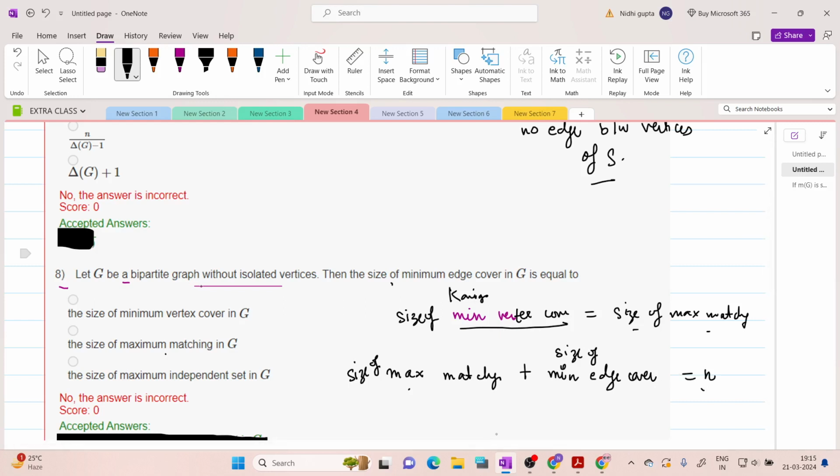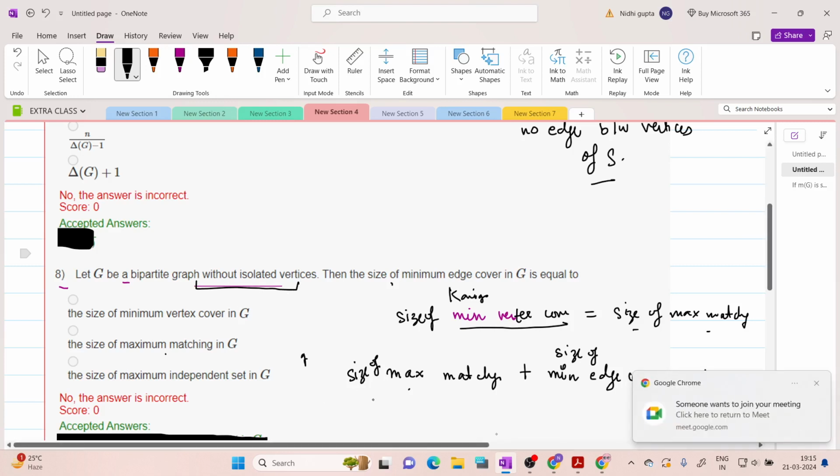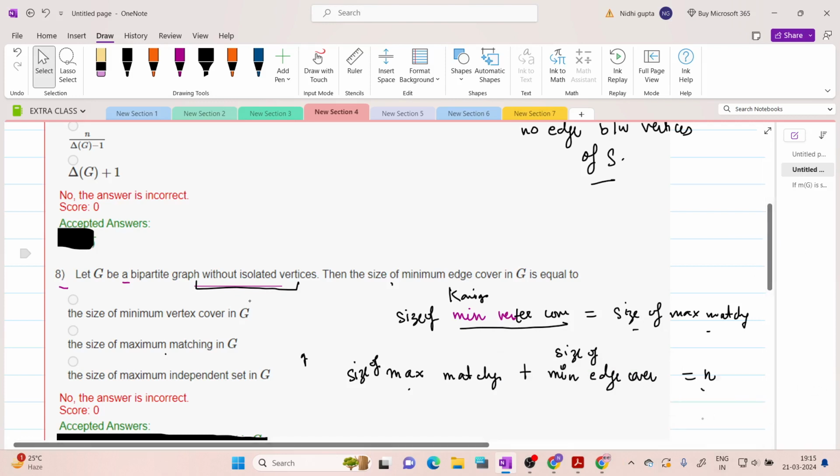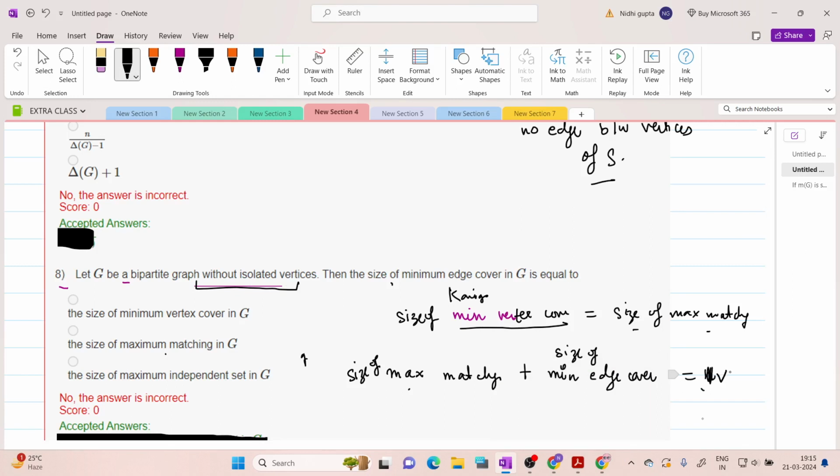This is true only when the graph has no isolated vertices. So if the graph has no isolated vertices, the size of the maximum matching plus the size of the minimum edge cover is equal to the number of vertices, order V. Now, what is the size of the minimum edge cover?